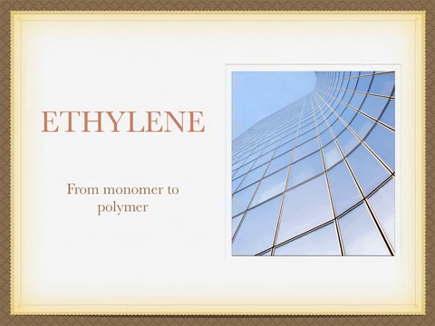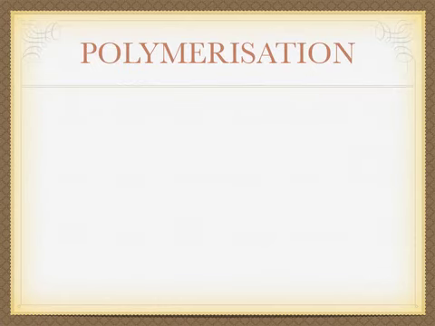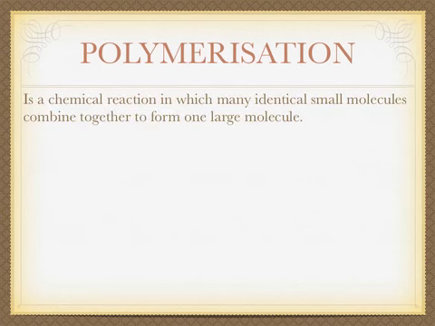We will now examine ethene, how it forms polyethylene, and some other addition polymers. The first thing we need to examine is the process of polymerization. Now, polymerization is a chemical reaction in which many identical small molecules combine together to form one large molecule.